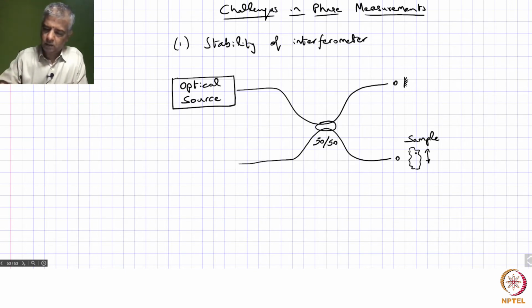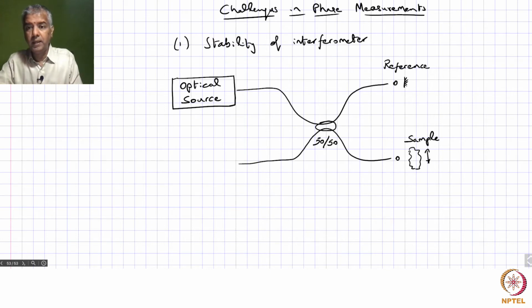Now, like we talked about, this is going to be your reference, and clearly in this sort of arrangement also, your reference has to be absolute, meaning that there should not be any phase changes within that reference.